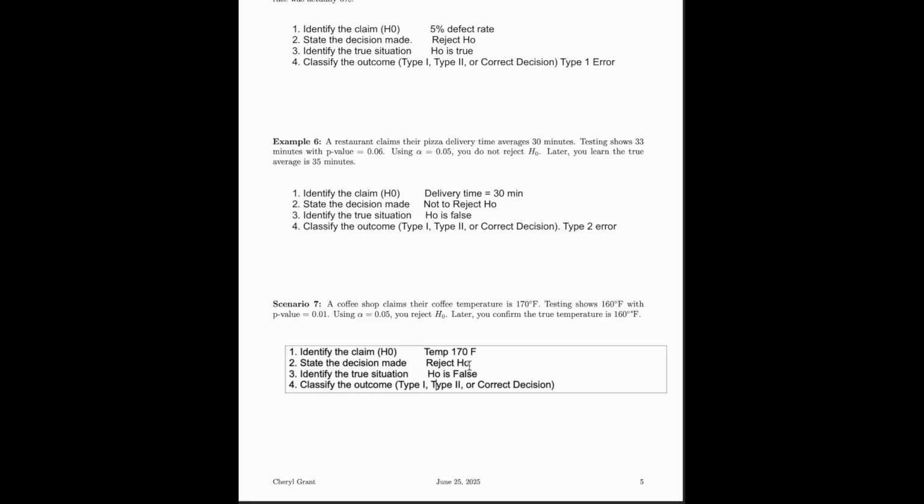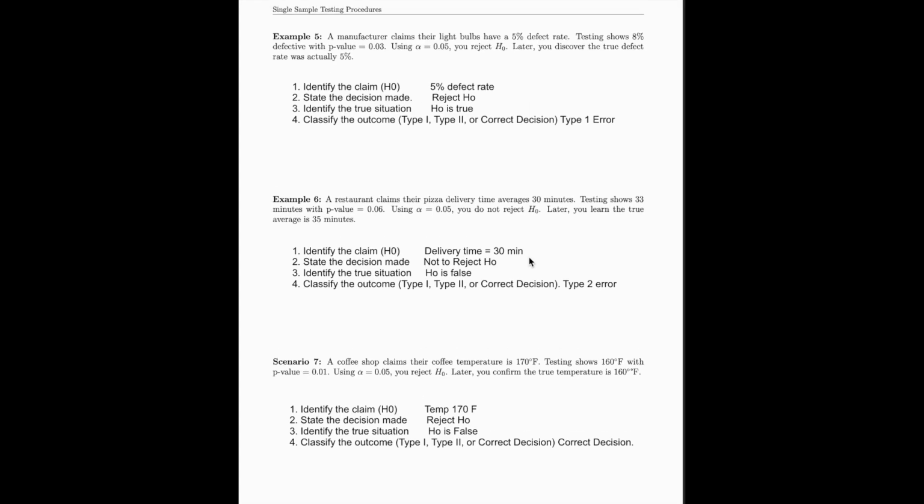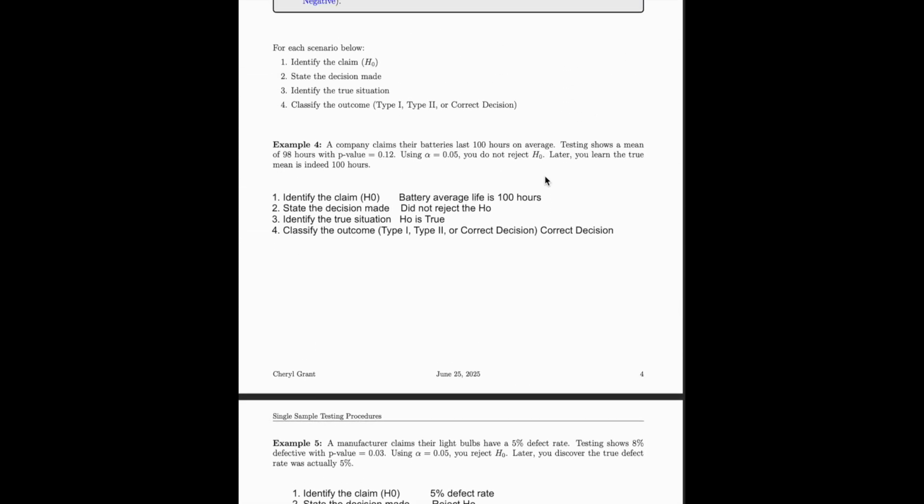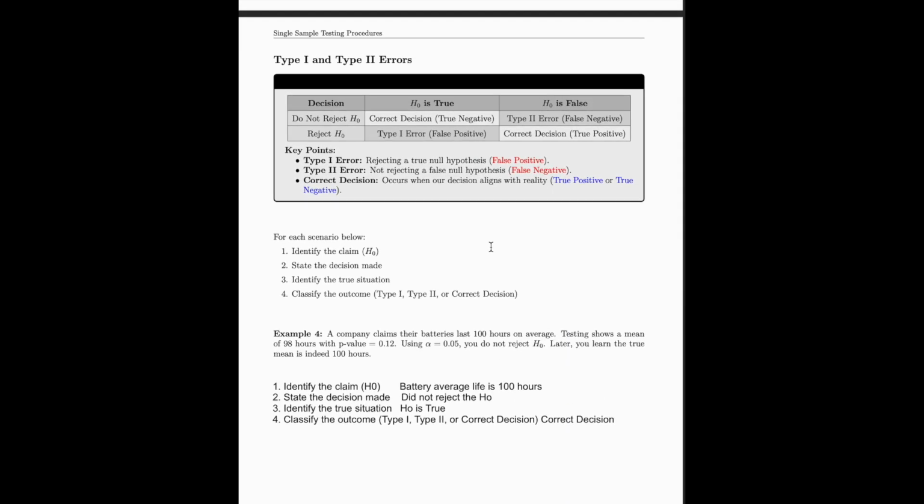So since we rejected H0 when H0 is false, this is considered a correct decision. So when you're working on these problems to identify type 1, type 2, or correct decision, leave your notes open to this chart so that you can refer to it until you get comfortable and familiar with all 4 outcomes.